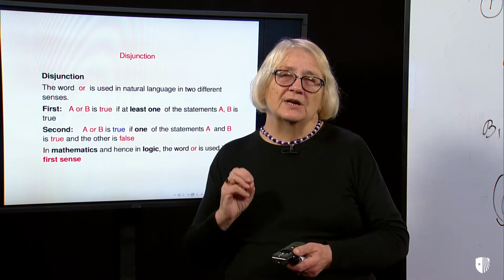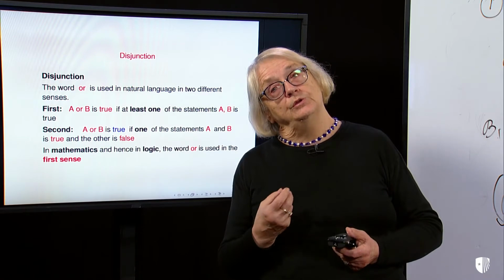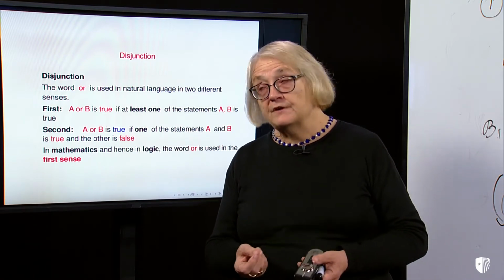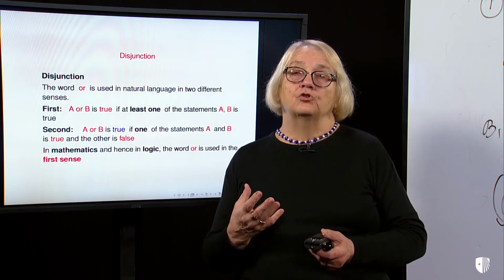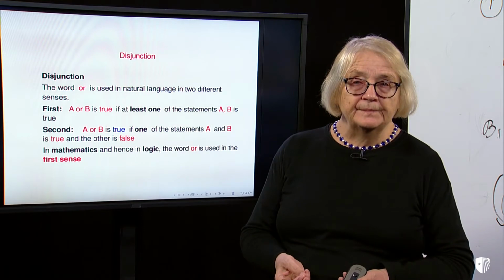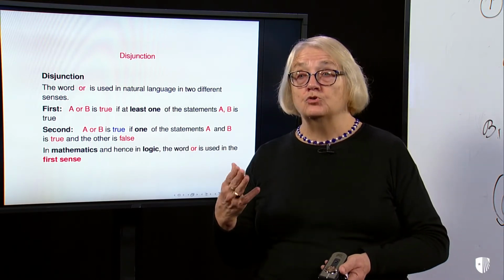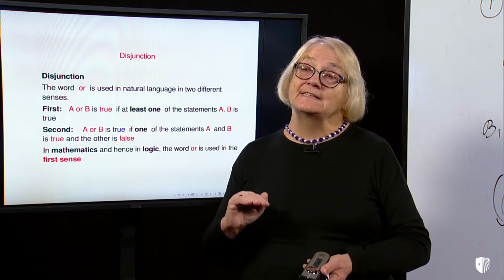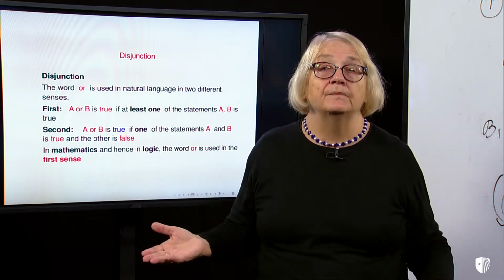Disjunction. The word disjunction is used in natural languages in two different senses. The first sense is that A or B is true if at least one of the sentences is true. The second is that A or B is true if one of the statements A and B is true and the other is false.